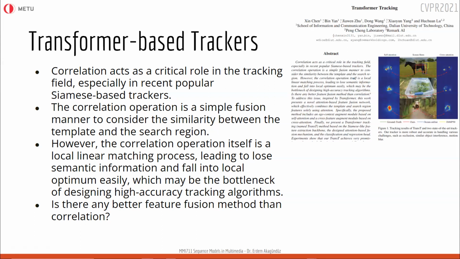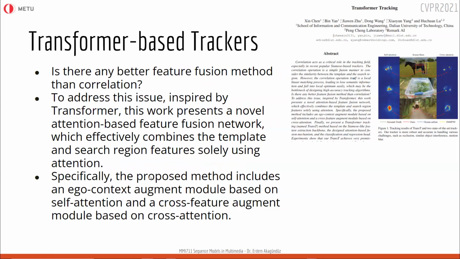However, the correlation operation itself is a local linear matching process, leading to loss of semantic information and falling into local optimum easily, which may be the bottleneck of designing high accuracy tracking algorithms. What these guys are asking is, is there any better feature fusion method than correlation? And the transformer does this by attention.